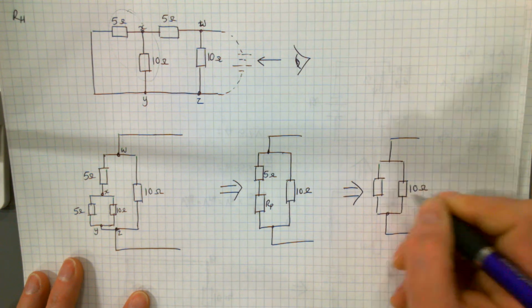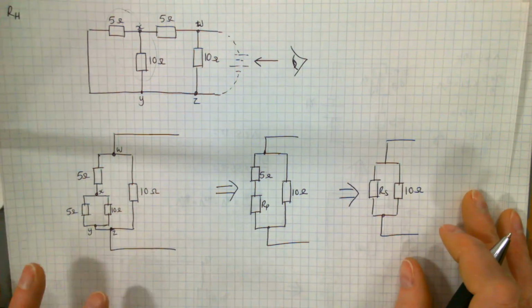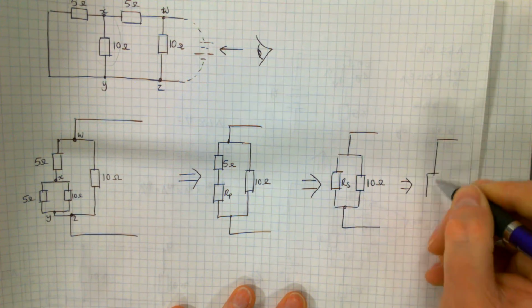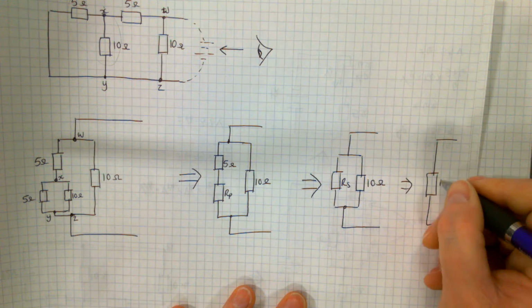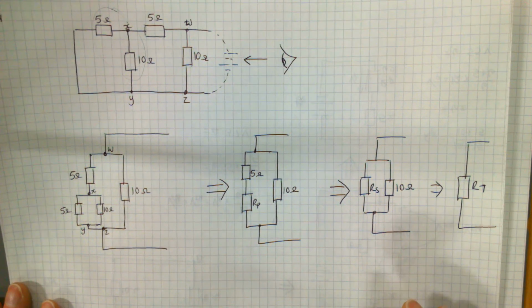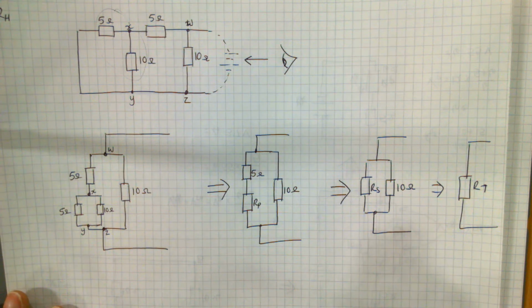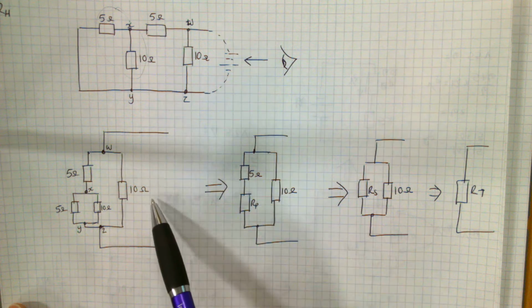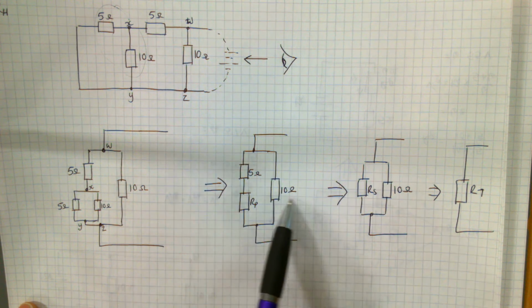That stays the 10 ohms. That'll be some kind of RS value, say, for R series. Then from that to this. And that would be your R total. So the difficulty usually is understanding that this looks the same as this, because all this is quite straightforward.